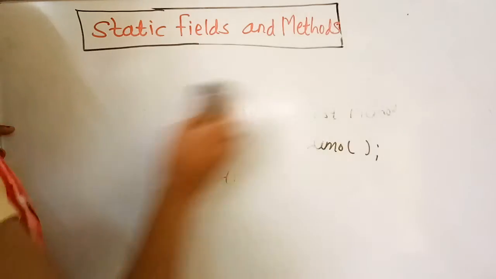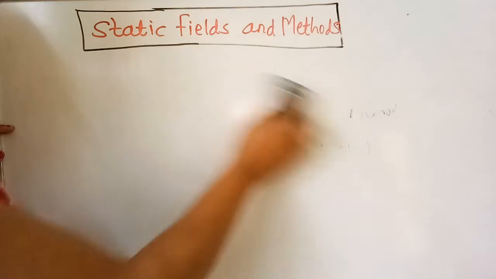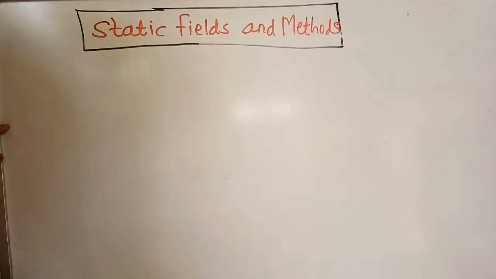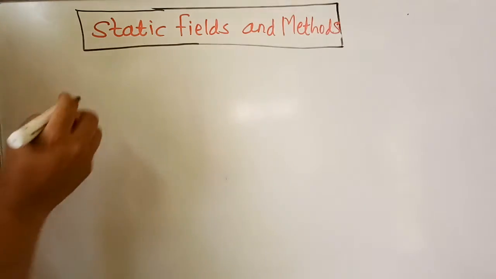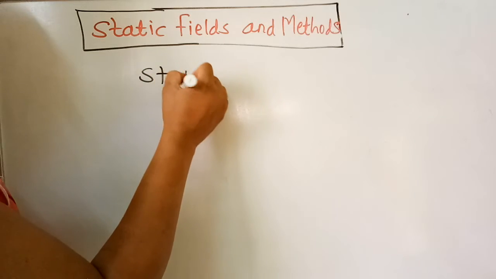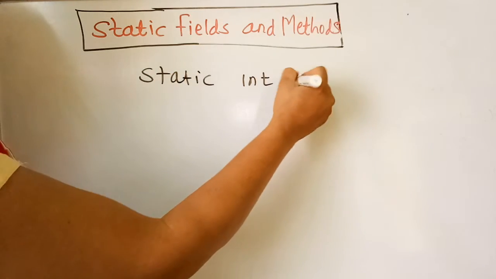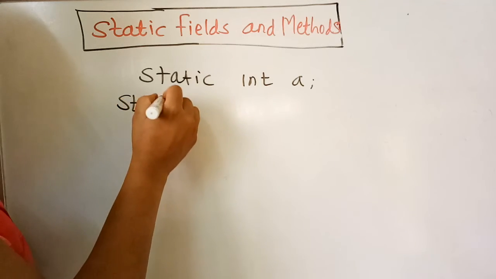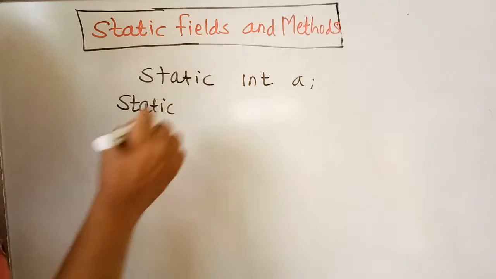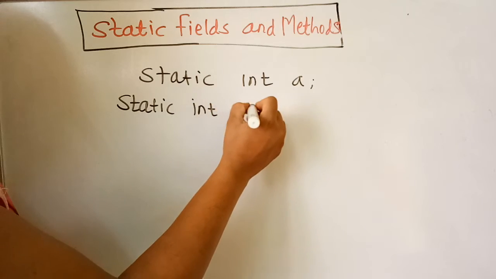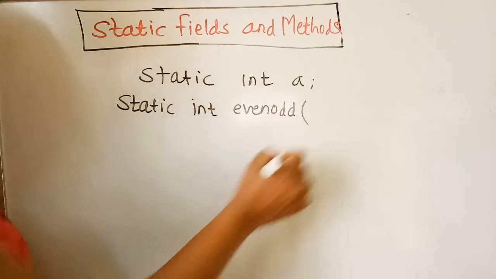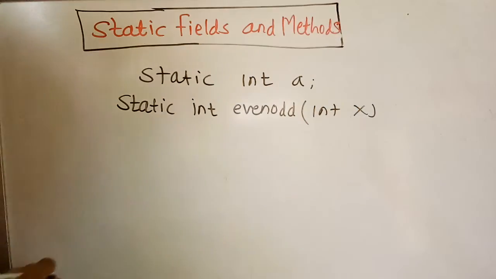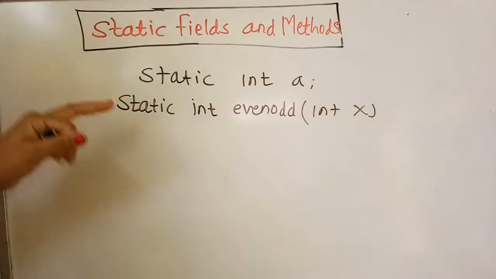Now static is a mechanism which does not vary its values. For example, we have a variable like static int a, and a method like static int evenOdd(int x).